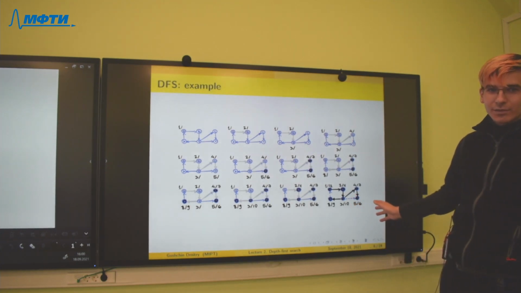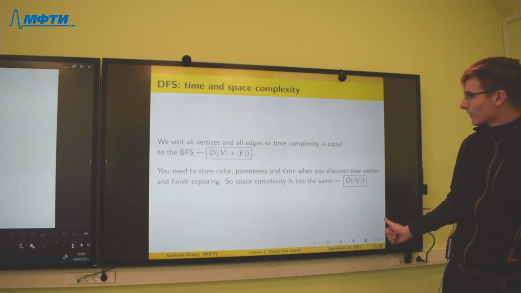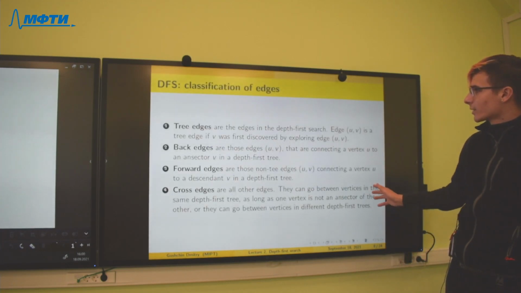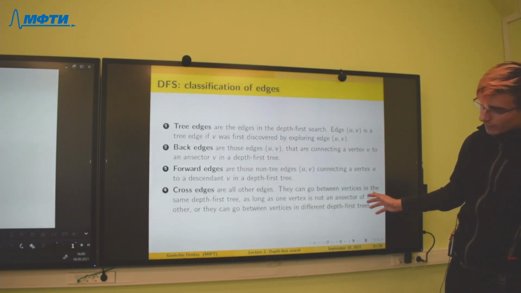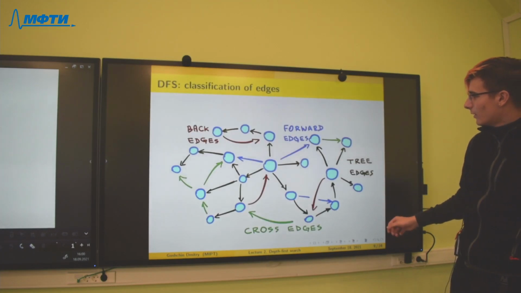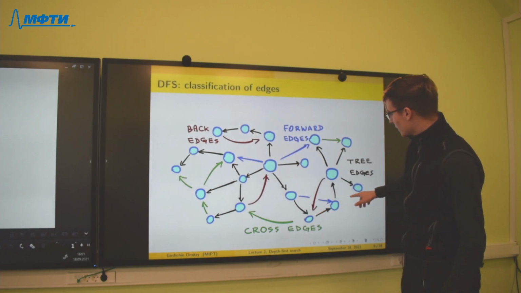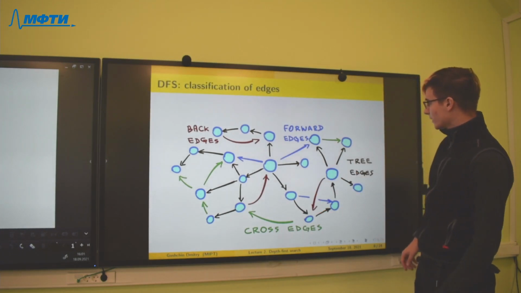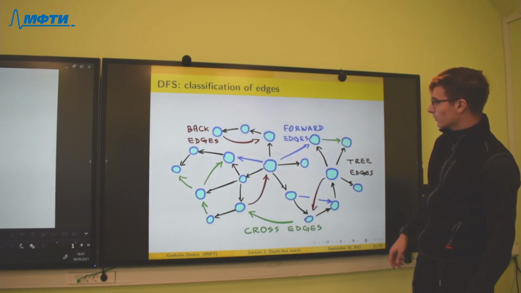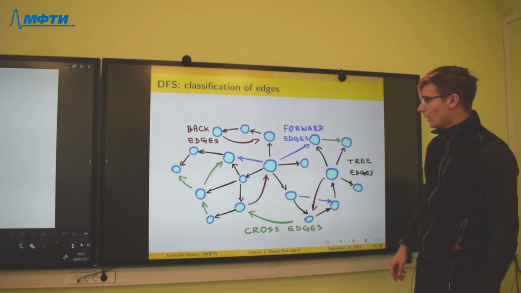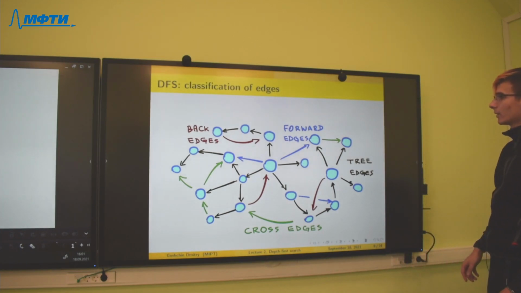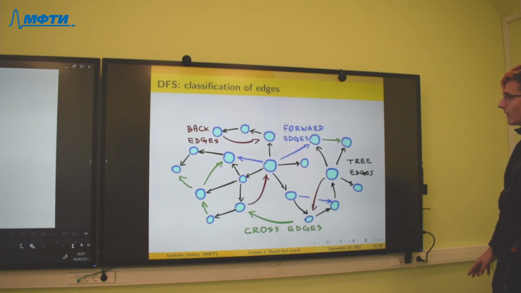All is understandable. Nice. And about classification of edges, we can see this picture. There are black edges that are included in the DFS tree, and there are 3 other types of edges.